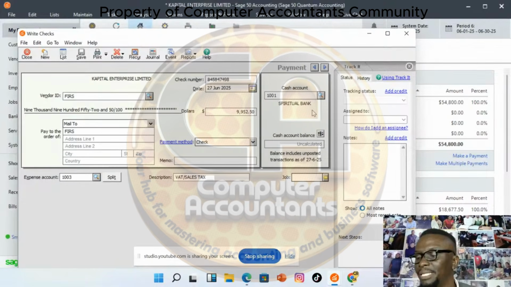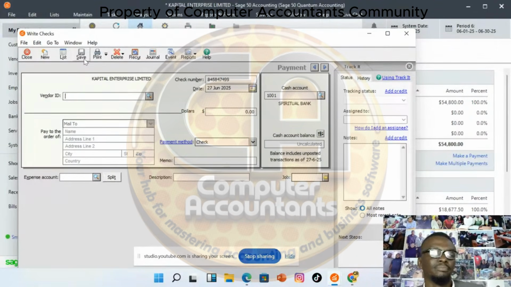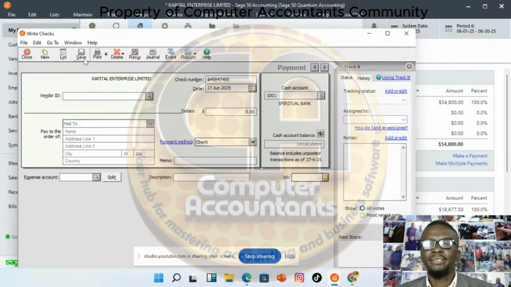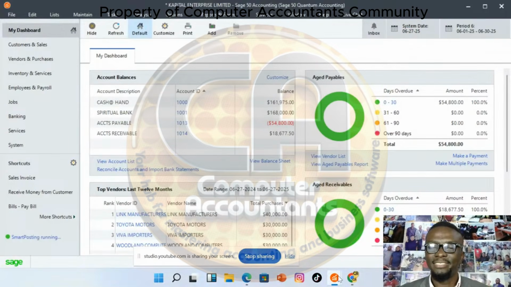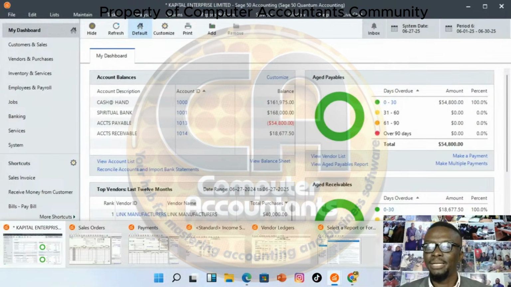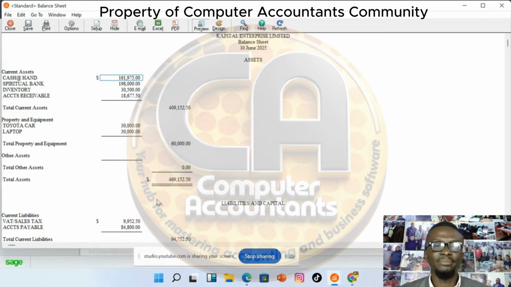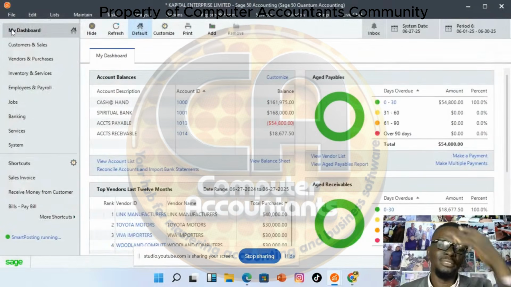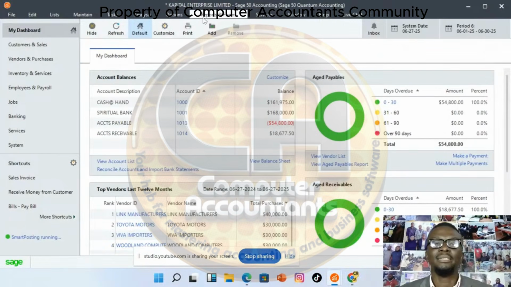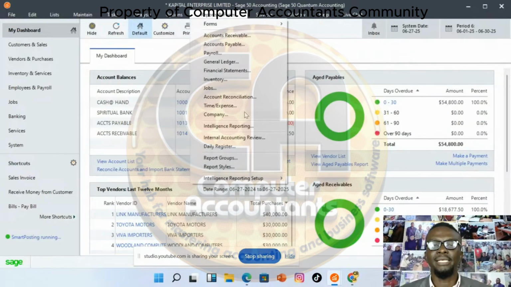This is what we are remitting to the tax authority, and boom, it's gone in. Let's see if that liability is still in our balance sheet. Yes, our balance sheet. Did you see? So I'm going to close this and reopen it again.